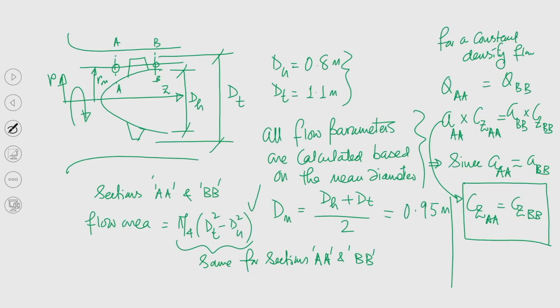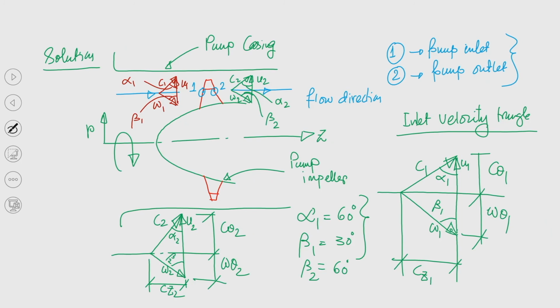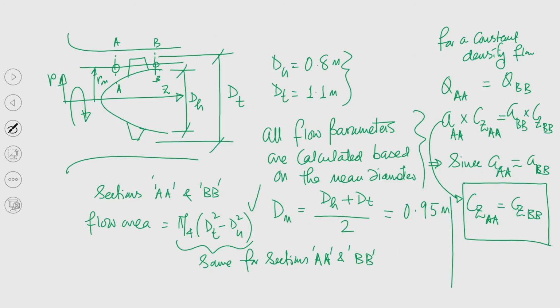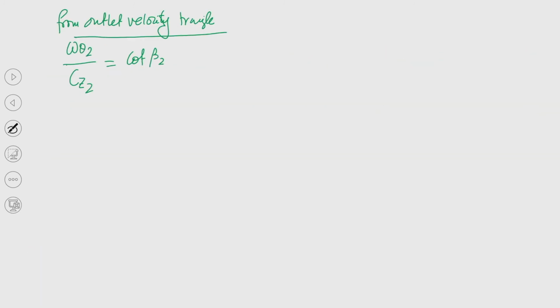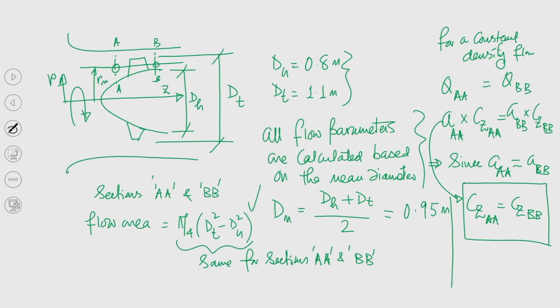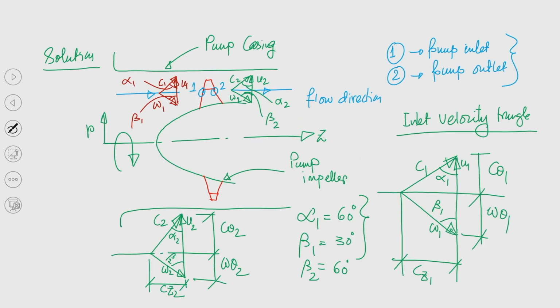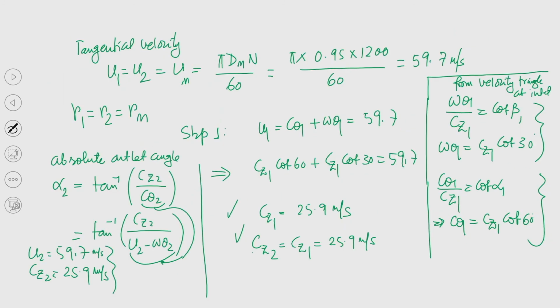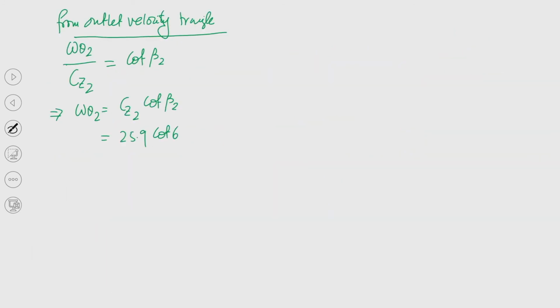If we look at the velocity triangle, Wtheta2 by Cz2 is equal to cot beta 2. So, Wtheta2 will be equal to Cz2 cot beta 2, and Cz2 is 25.9 and beta 2 is already given, if we go to the previous slide, 60 degree. So, that is nothing but cot 60.